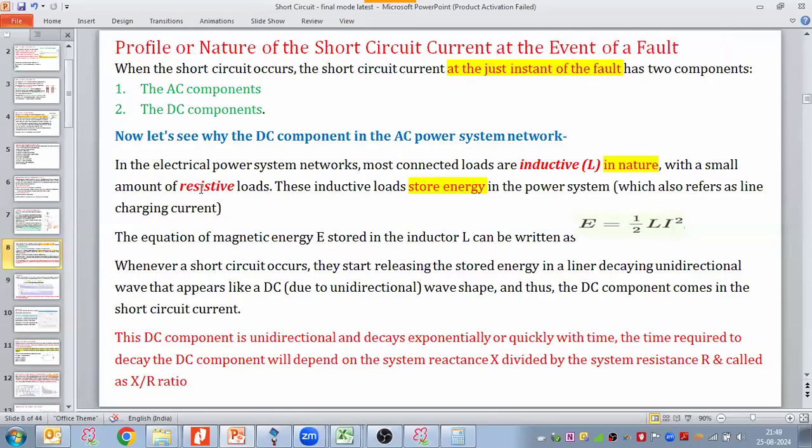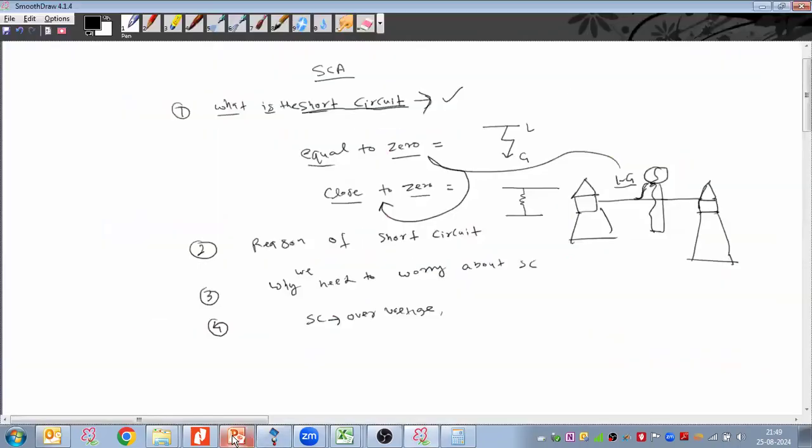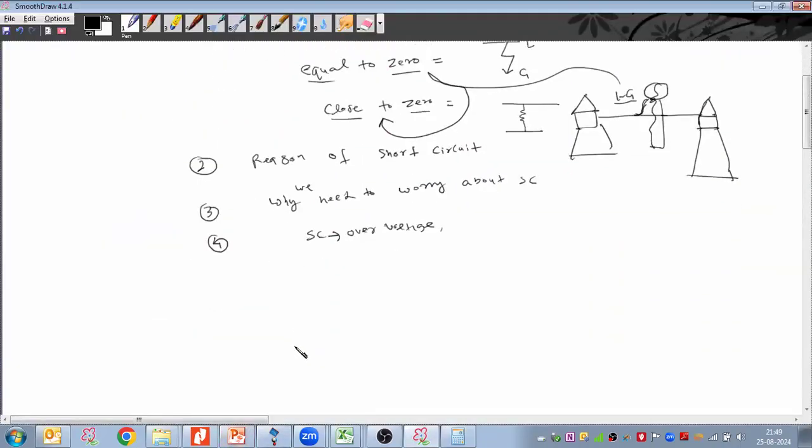Keep in mind, I'm discussing the nature of short circuit current just at the event of the fault. You can see after 10 milliseconds, just when the fault occurs, what the profile or nature of the short circuit current should be. So now we are discussing when the fault occurs, whenever a short circuit or fault occurs.